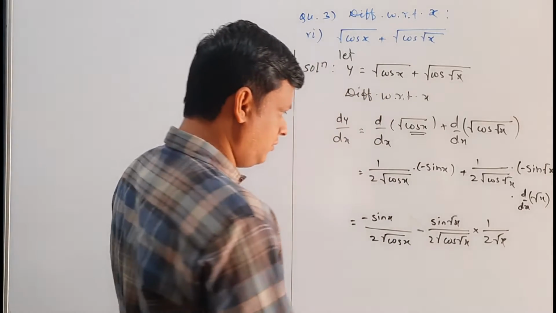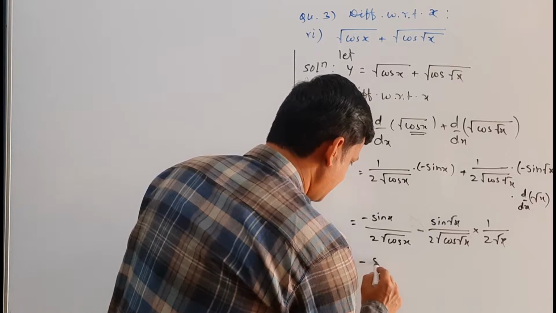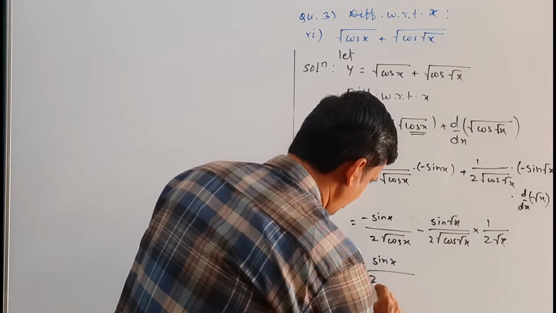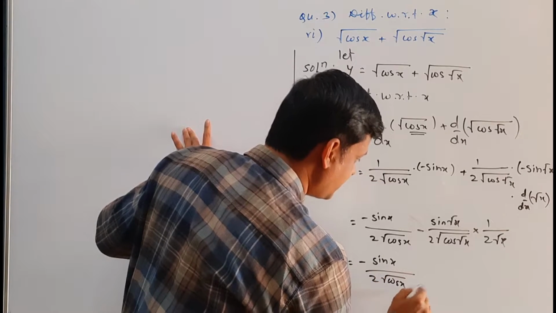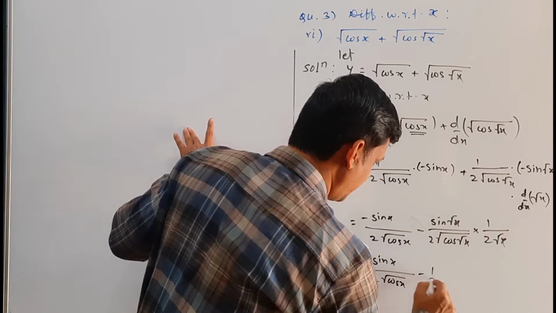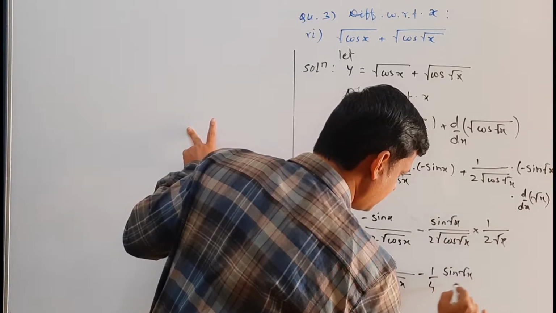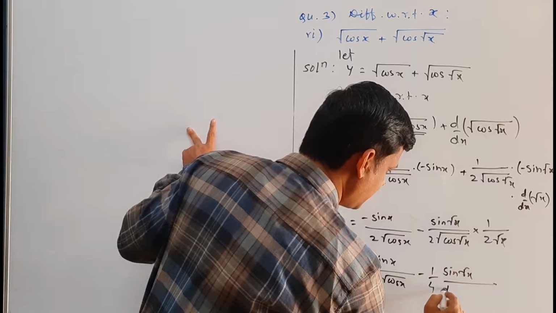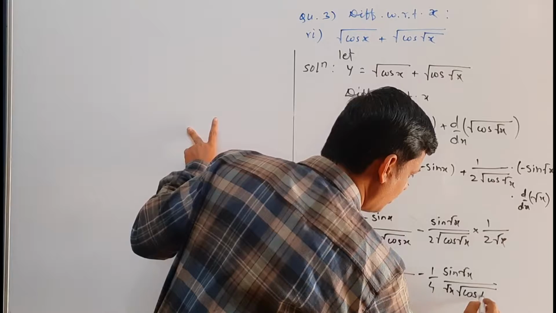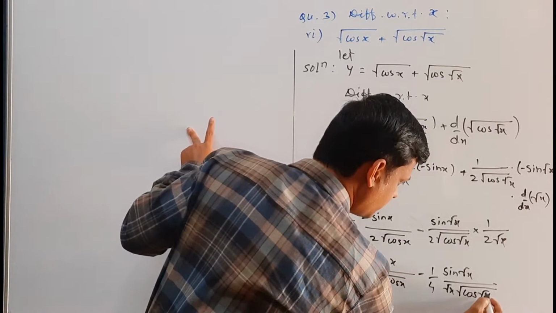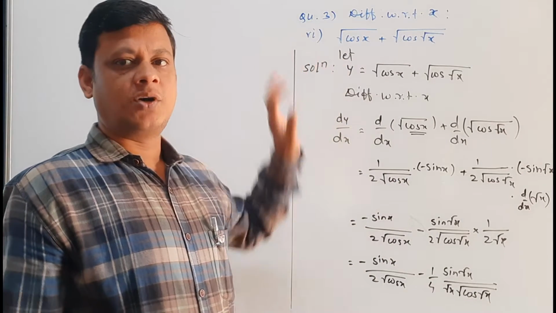So we multiply this 2 with this 2, and we write minus sin x upon 2 root cos x, minus 1 by 4, since 2 into 2 is 4, sin of root x upon, we write root x in first position, root x into cos of root x. So this is the required derivative of this function.